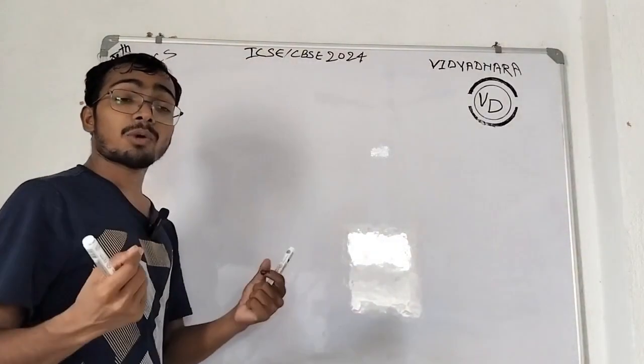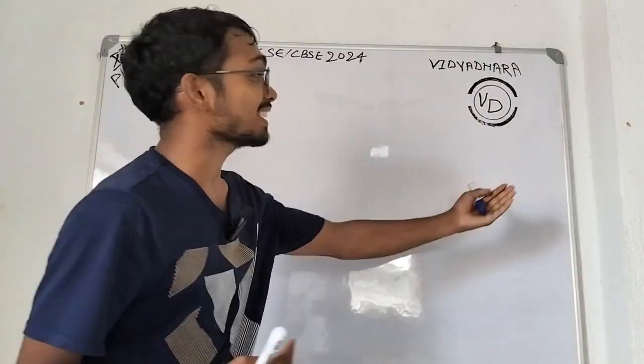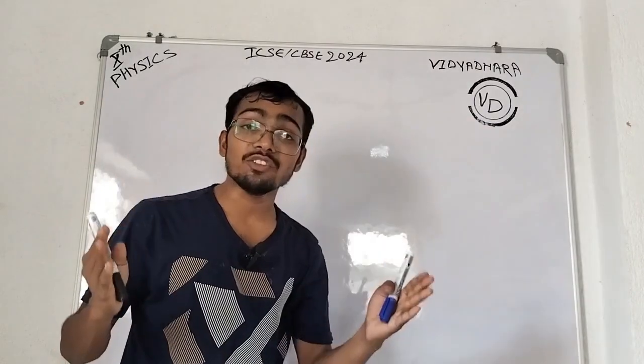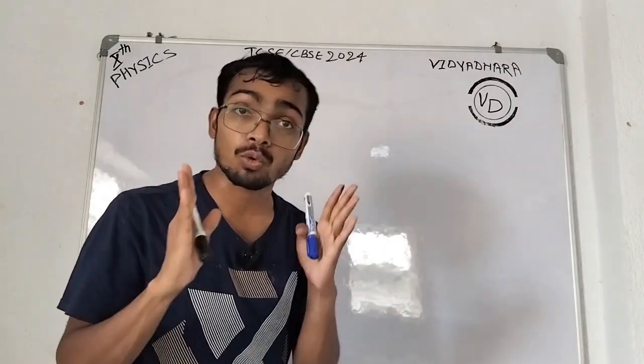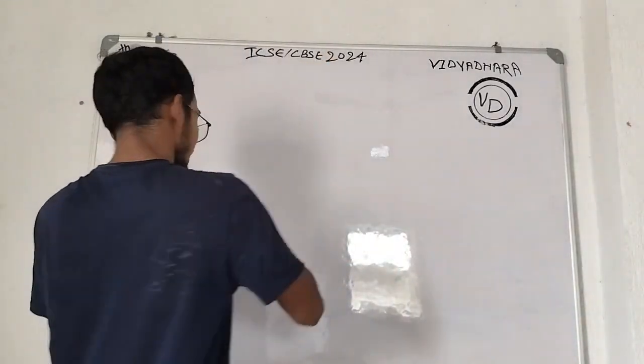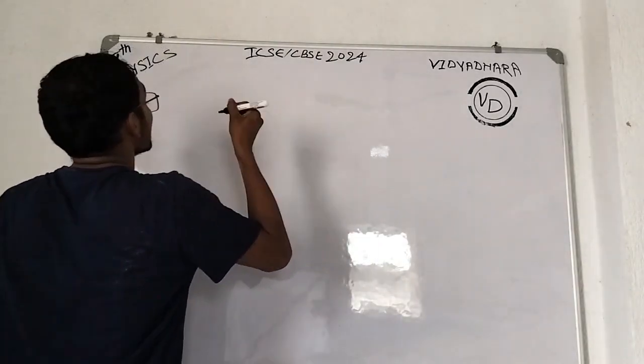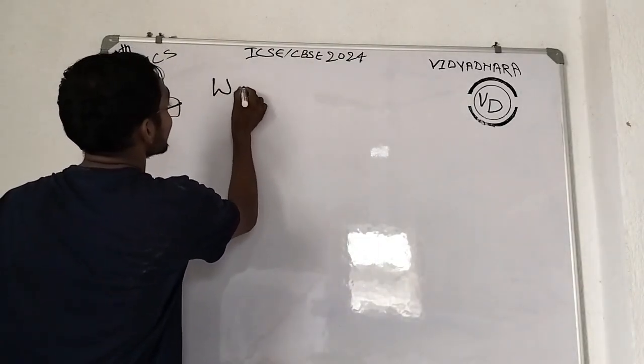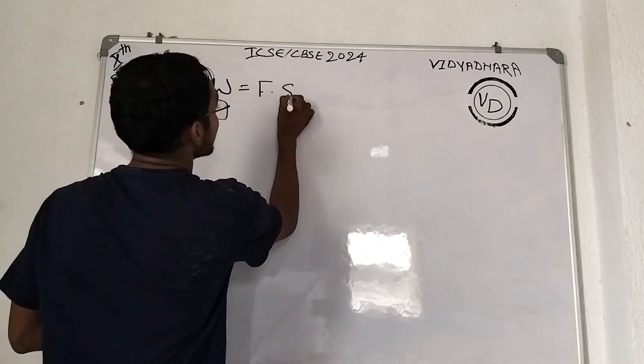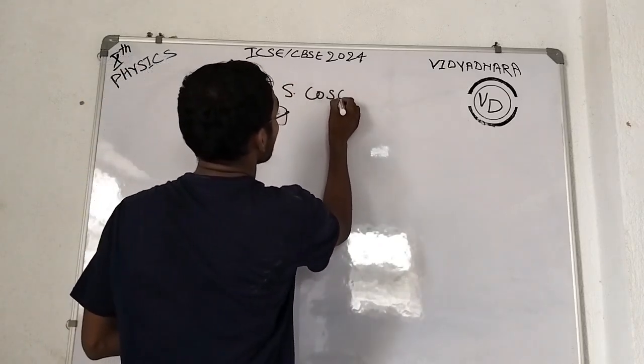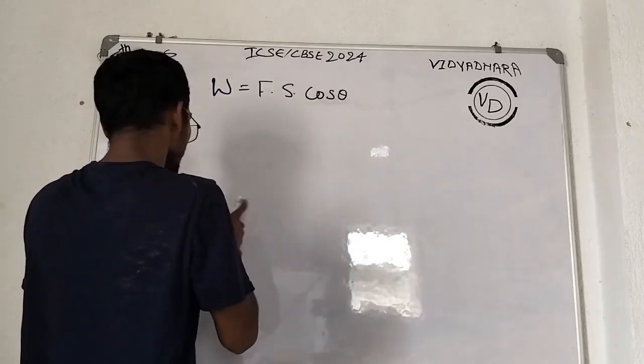Okay, what we have learned about work in the third case. The third case is very important for the ICSE board. Let's write. Work is equal to force into displacement into cos of theta.